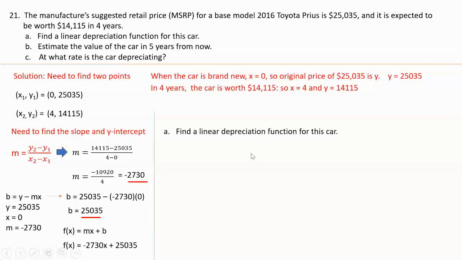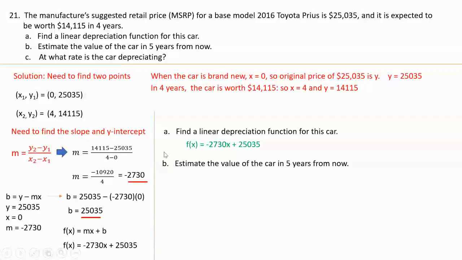So the final linear depreciation function is f of x equals negative 2,730x plus 25,035. This is the answer, the equation for A. Now for B, estimate the value of the car in 5 years from now.